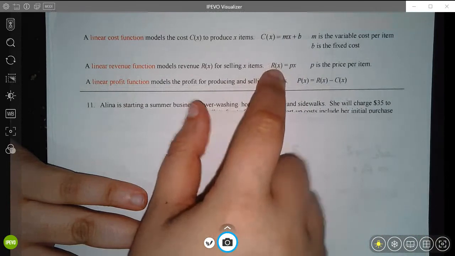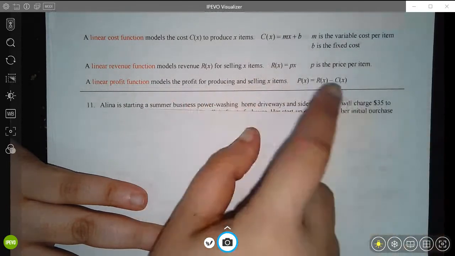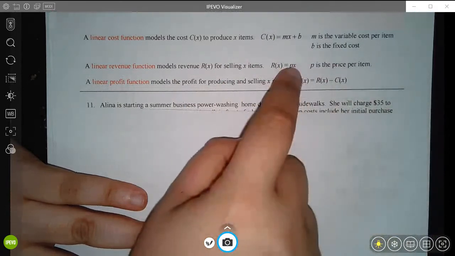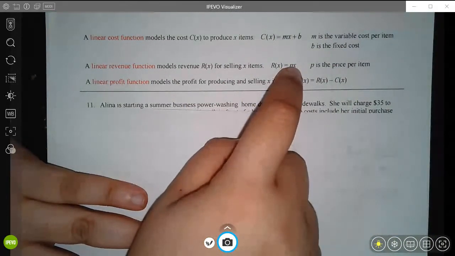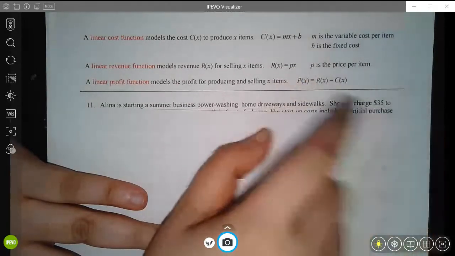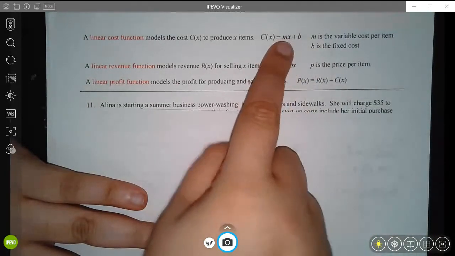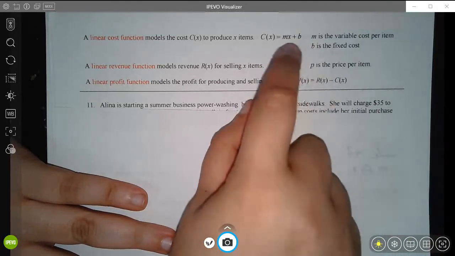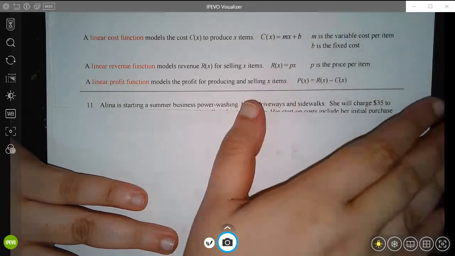Now for the revenue, the calculation is really easy. It's P times X, P being the price. So it's the number of items, that's X, multiplied by the price. Yeah, so that's the revenue. The cost has a linear equation, if you see that, mx plus b, where X is your items, yeah?